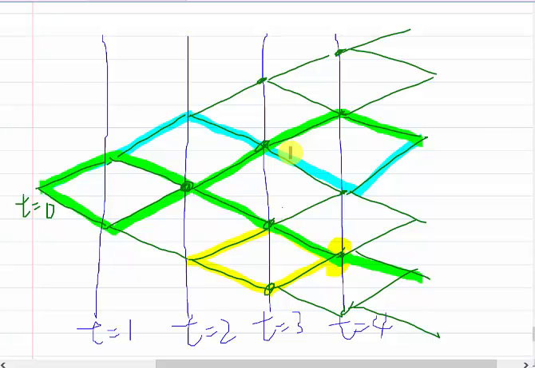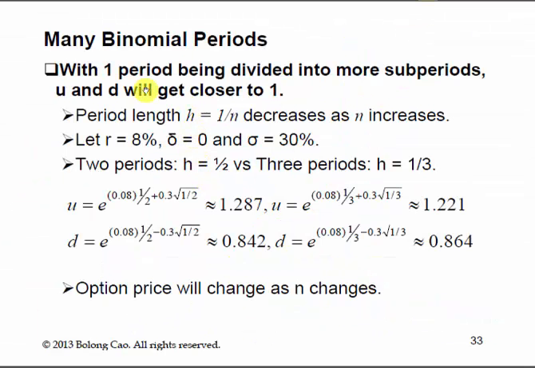So, let's say for 1 month, you make it every hour. Each time period you're considering going up and down becomes every hour. What we need to do is divide one period into many more sub-periods of equal length.